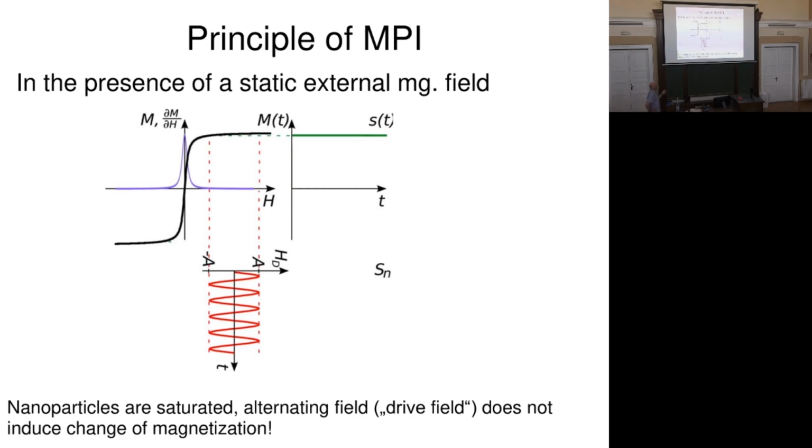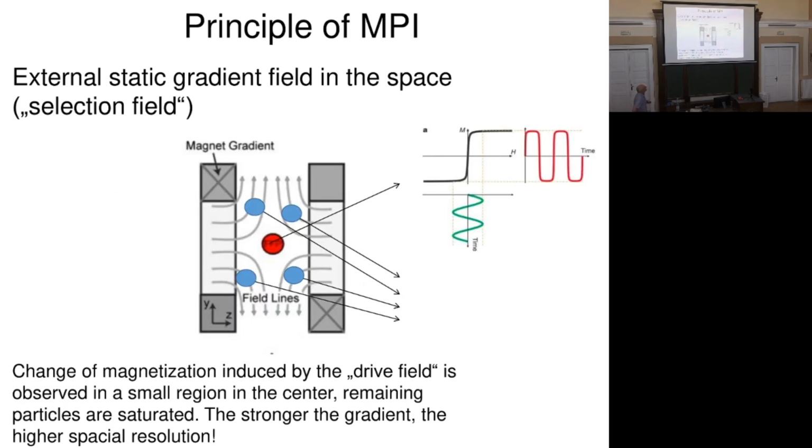Of course, in the presence of a static external field, particles are saturated and we record no signal there. So we can distinguish particles in the field-free point and particles outside of the point due to the gradient. This is just a quick repetition.